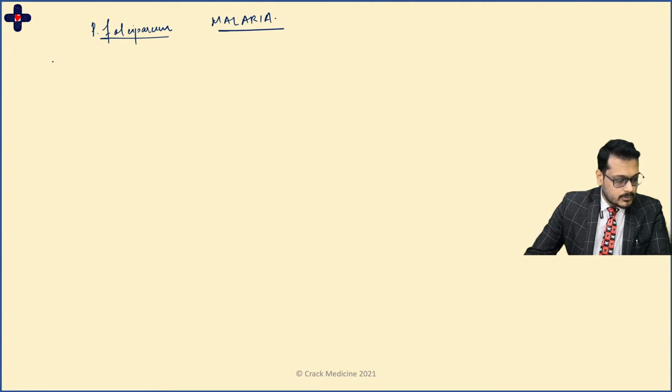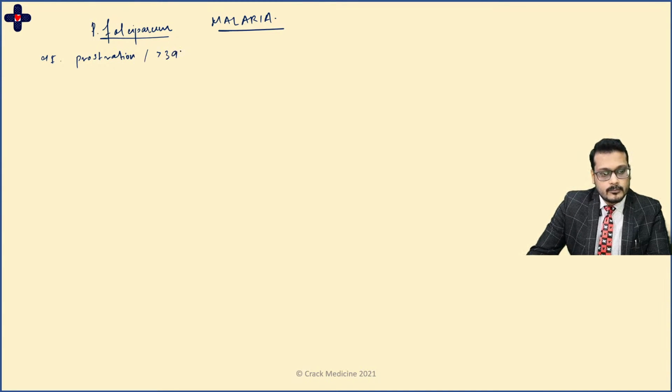In the falciparum you have very severe features like prostration and very high fever, like more than 39 degrees. Then you have decreased consciousness.